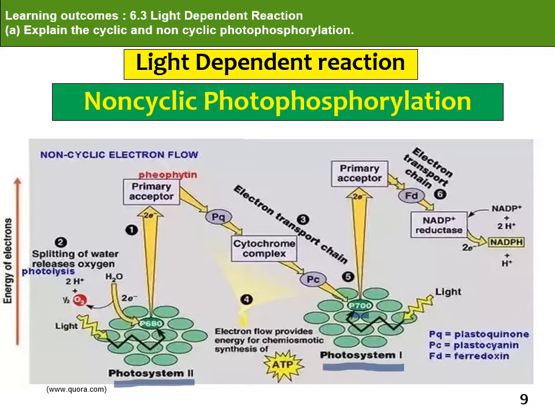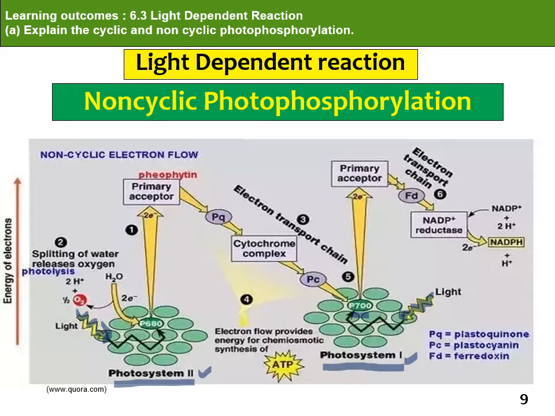Okay, so apa yang berlaku dalam proses ni nanti, the antenna complex in photosystem 1 and photosystem 2 dia akan absorb the light. So kalian lihat so proses ni berlaku at the same time. Okay, so antenna complex in photosystem 1 and antenna complex in photosystem 2, dia akan absorb the photon, okay, ataupun light energy.